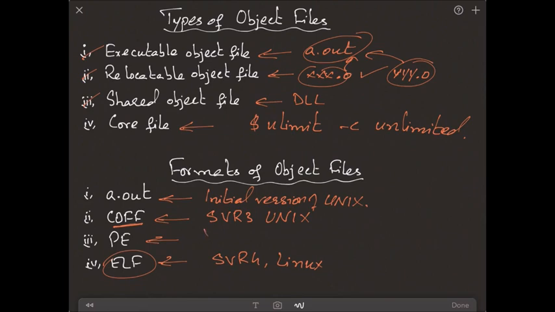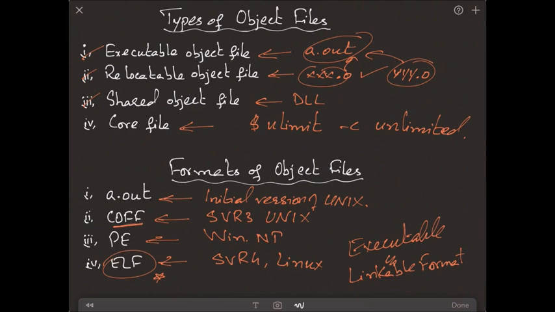This was the format used by Windows, particularly Windows NT. So I will be more interested in this Executable and Linkable Format. This is the format in which your actual a.out or the final executable on Linux machines is created.